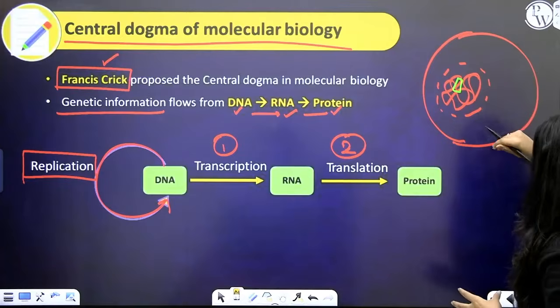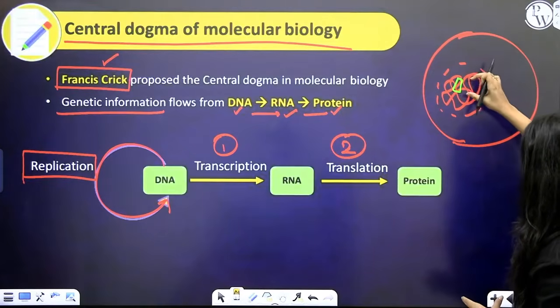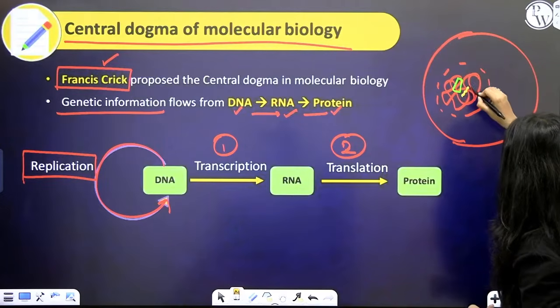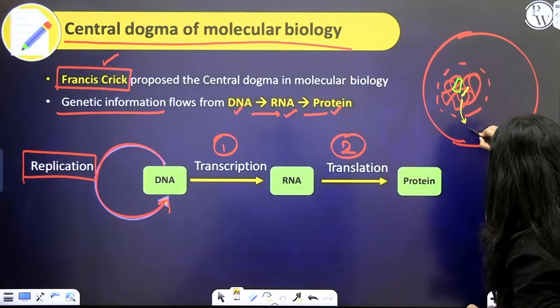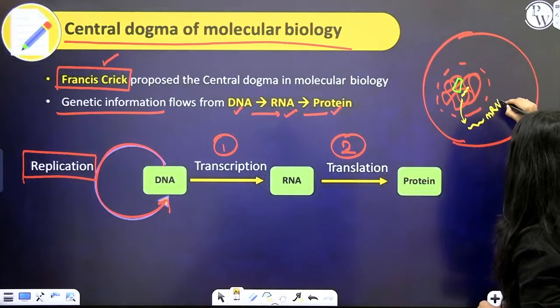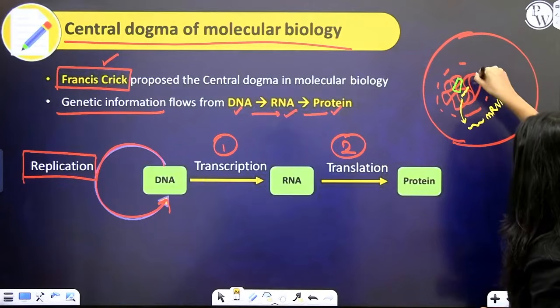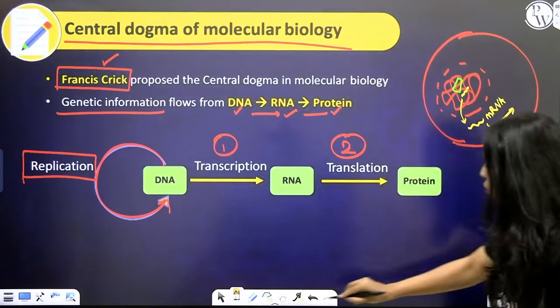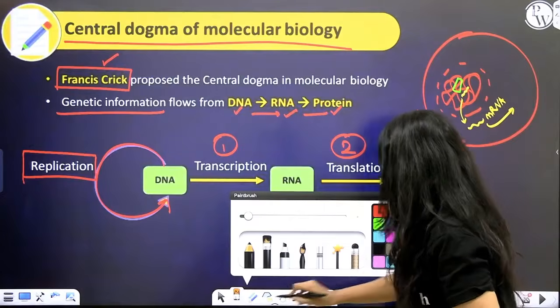So what basically happens is, whichever segment has the information, from that segment the information is copied. That information is brought out of the nucleus by a molecule called messenger RNA, or mRNA. So it copies the message and gets it out. This mRNA next goes to the ribosome.